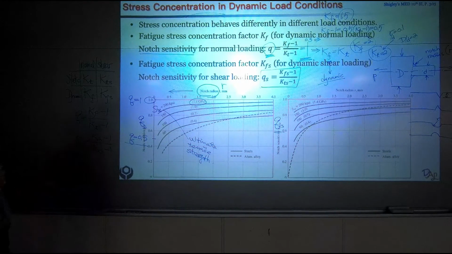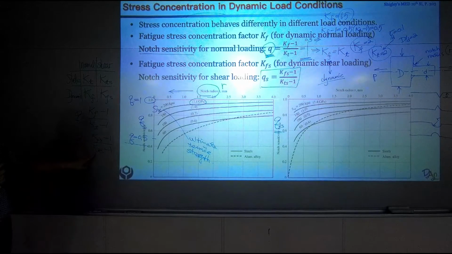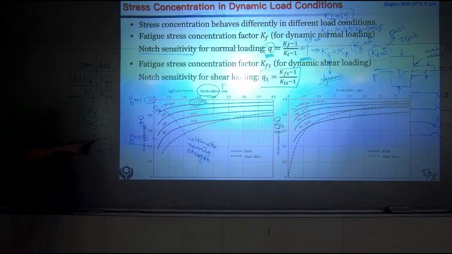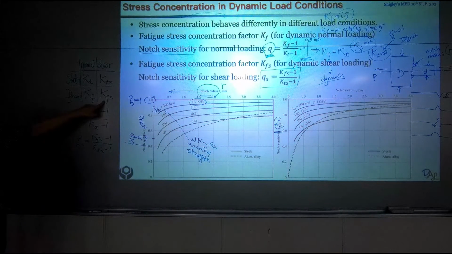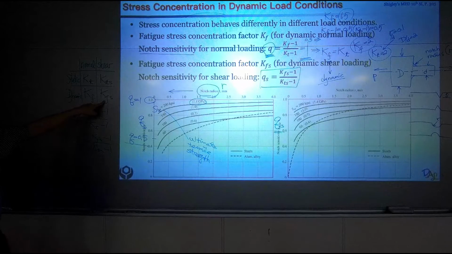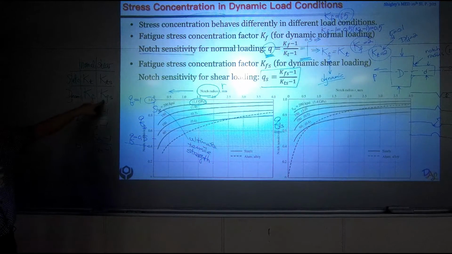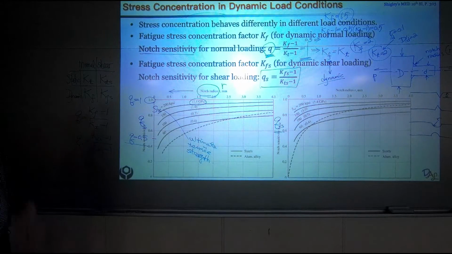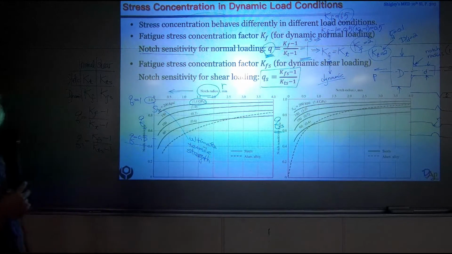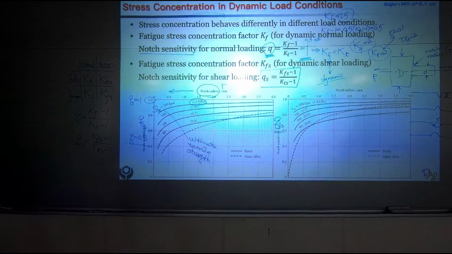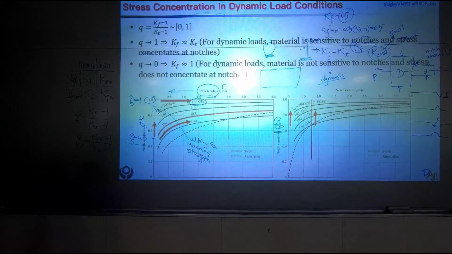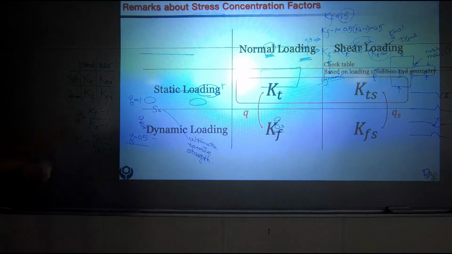For the shearing case, you first have Kts, use this table to get Qs, then you can calculate Kfs. Kfs will be the stress concentration factor for the shear stress in the dynamic loading case. Okay? So that's basically how to consider stress concentration.